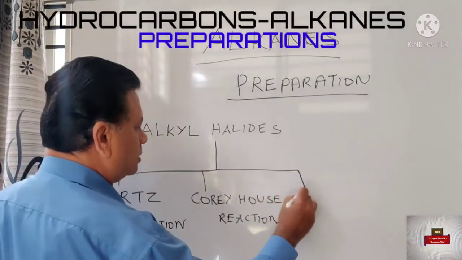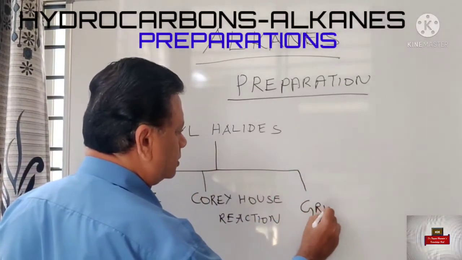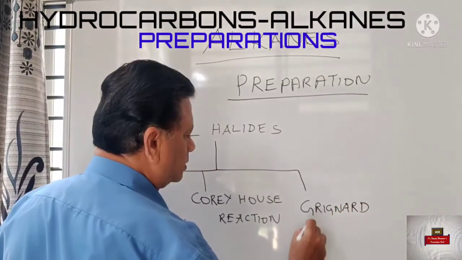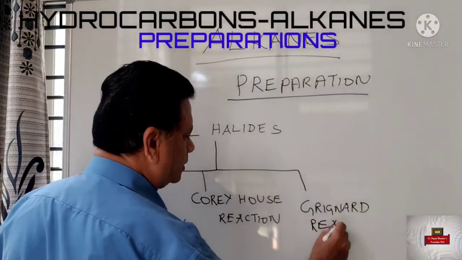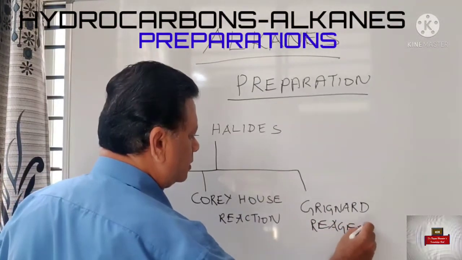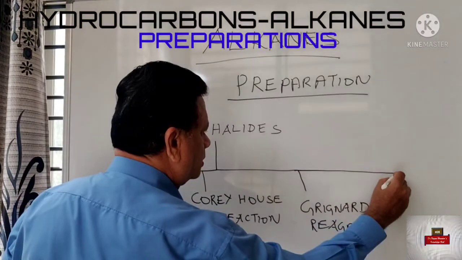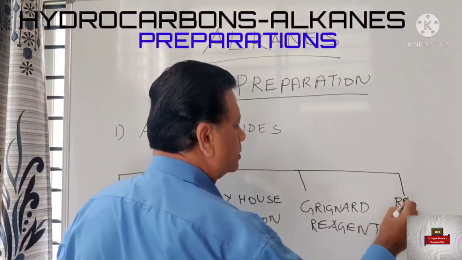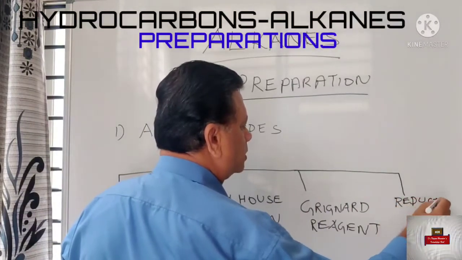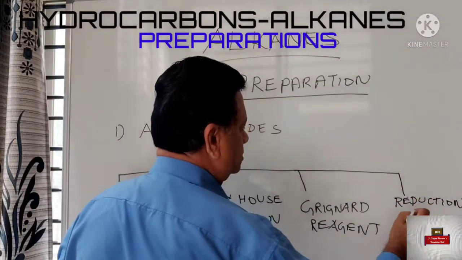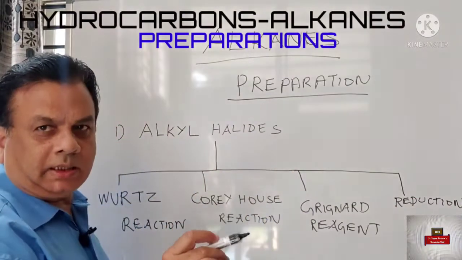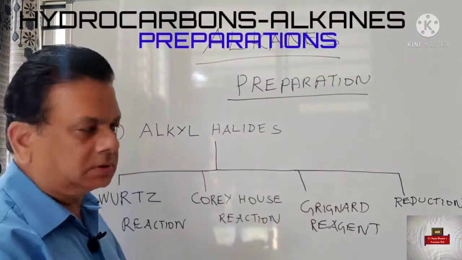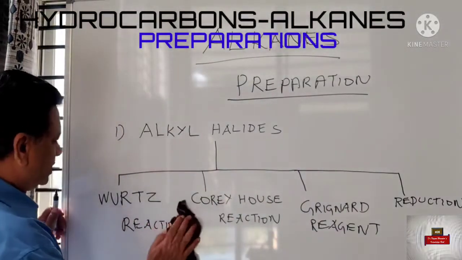Number 3, Grignard reagent. Then we have reduction of this alkyl halide using a reducing agent. Reduction means supply of hydrogen. Okay, now we will see Wood's reaction.